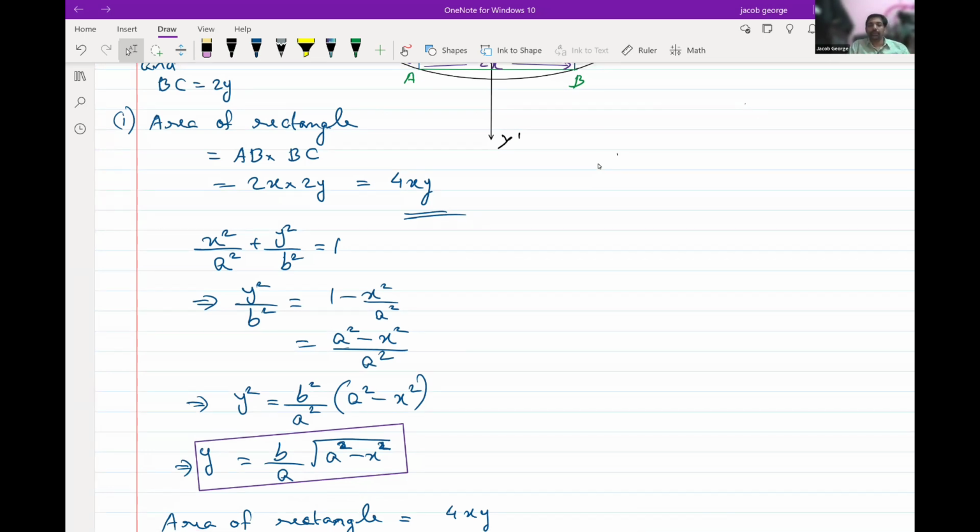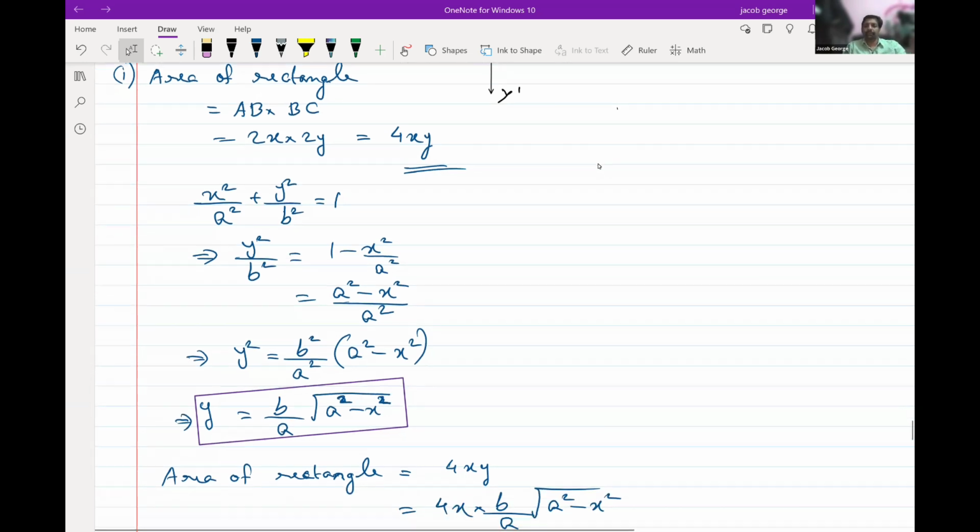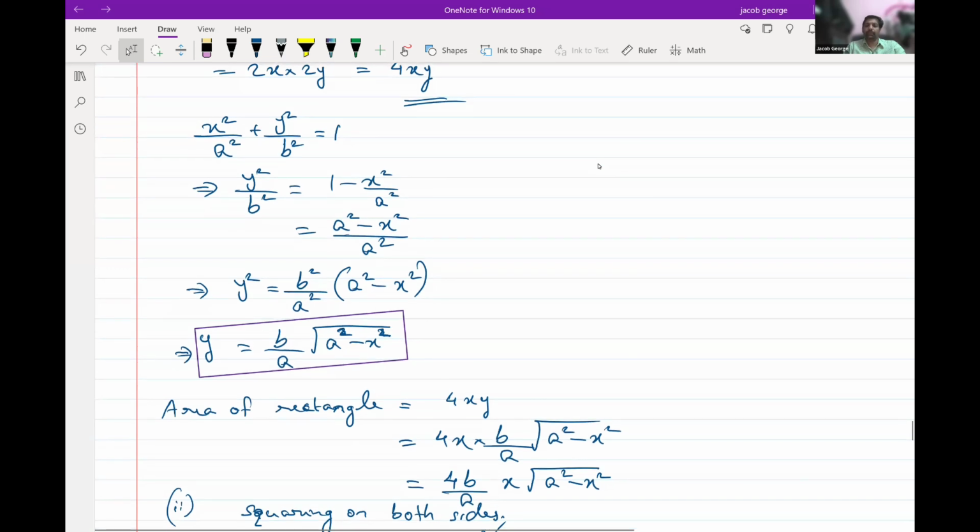We substitute this into the area function 4xy: 4x into b by a into root of a square minus x square, or 4b by a x into root of a square minus x square. This is the area of the rectangle in terms of x, the first part. Clear?